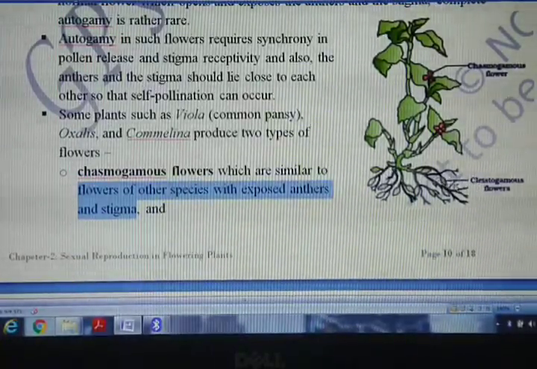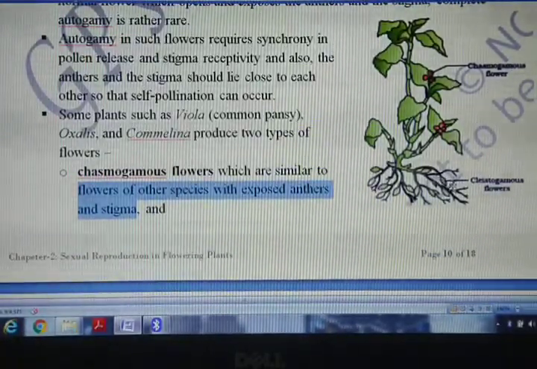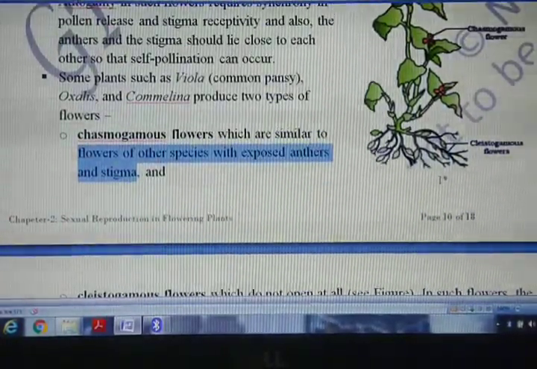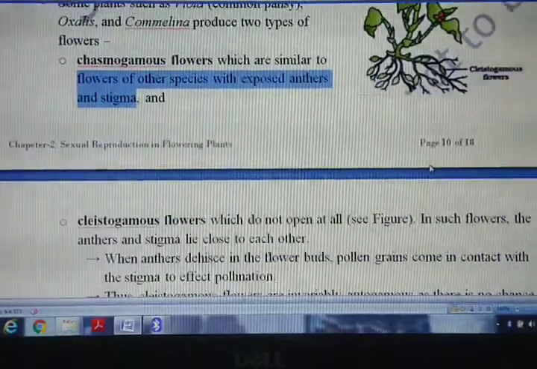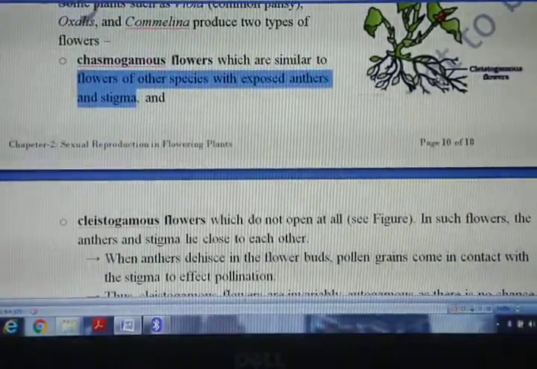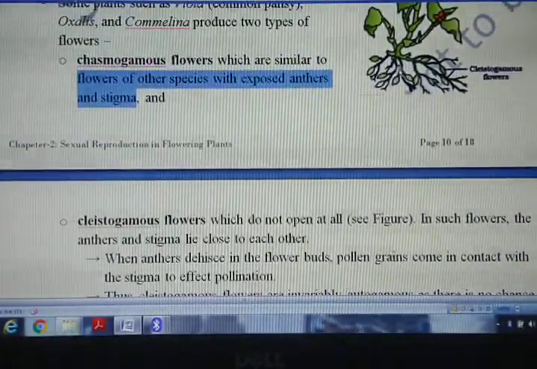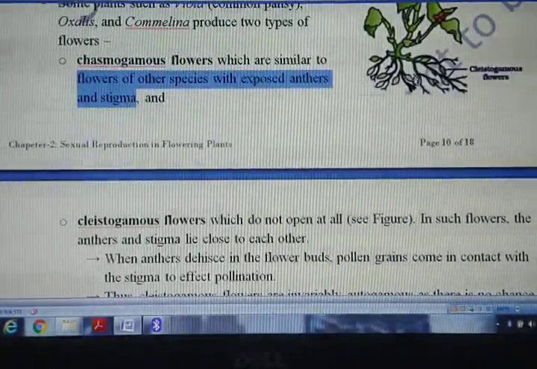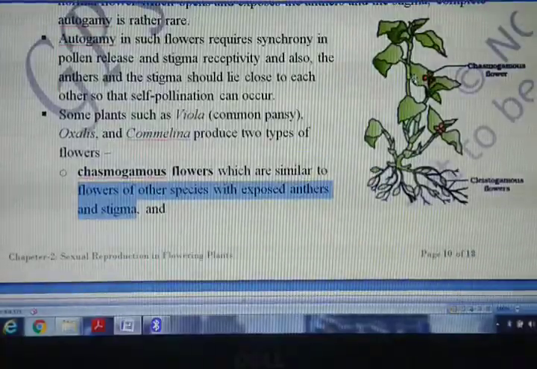Okay, now over here there is no chance of the flowers opening. That means the anther and stigmas are not going to be exposed, they are very near to each other, so there is no other method of pollination possible here. So it has to go for only autogamy.